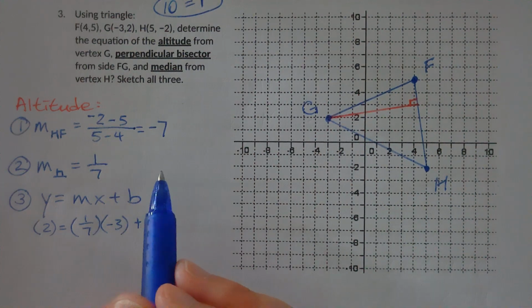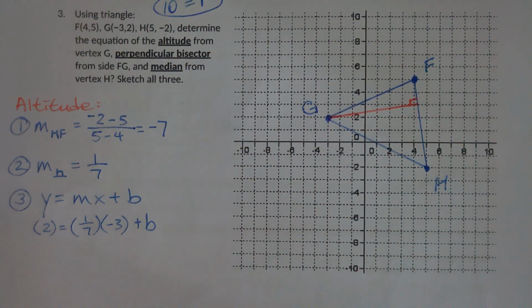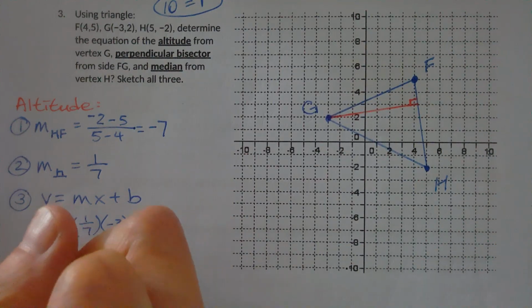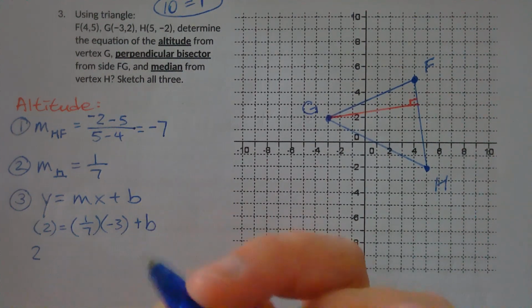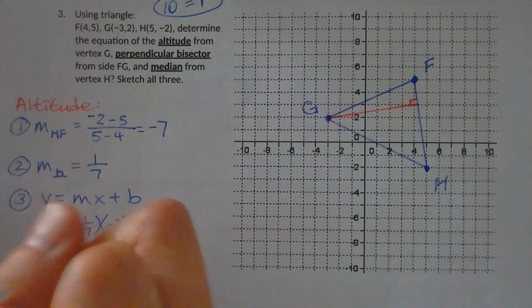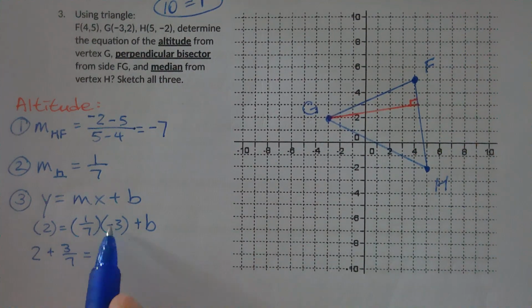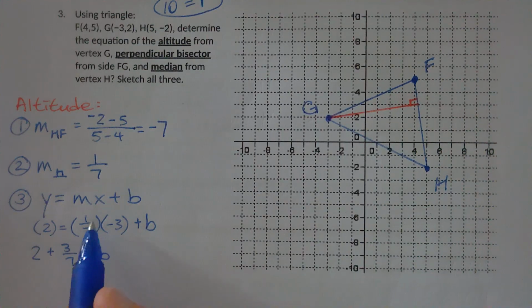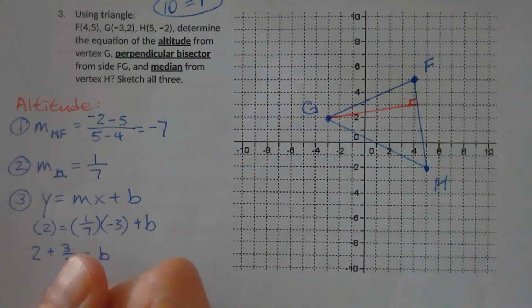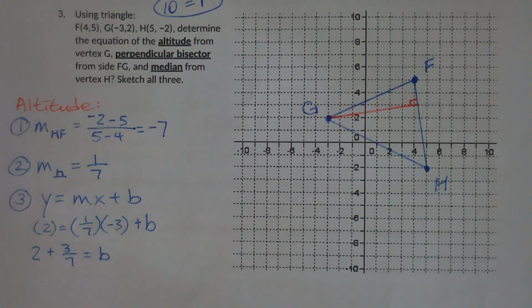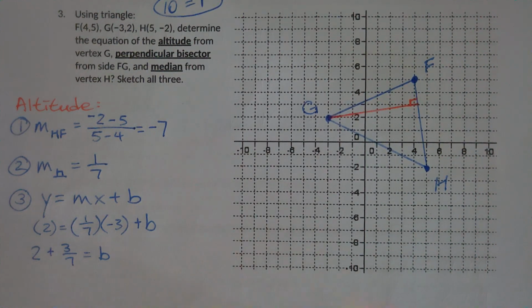If you change it to a decimal, you're not getting the marks. You'll get something. Okay. So when this becomes negative 3 over 7, when you move it over, it becomes plus. So you could leave it as an improper fraction or a mixed number.